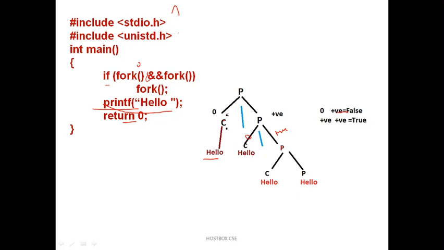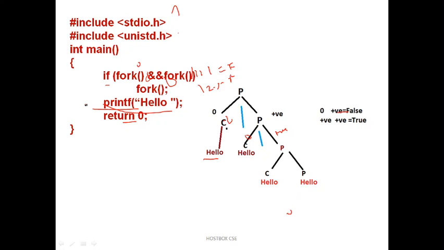The child process prints hello. Now what you understand is that 0 and 1 is false only, or else 1 and 0 is again false. At the last chance, the parent will get the child, and the child returns 0, and the parent will finally create the child and parent.